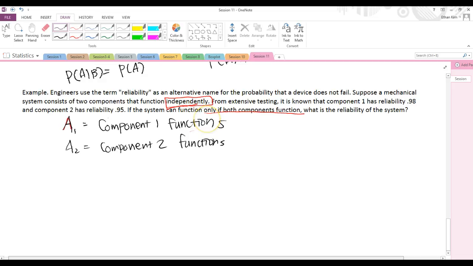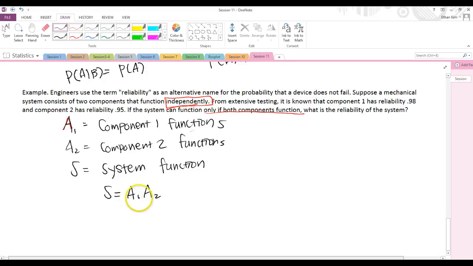And we're going to assign another event S. This is when the whole system functions. And the system only functions when A1 and A2, when both are true, when both components work together.